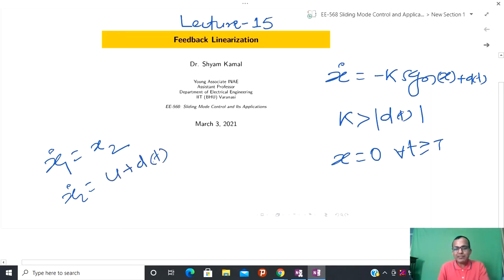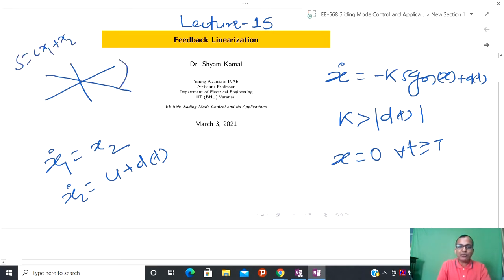So you might have seen that whenever I talk about first order sliding mode control, I design a sliding surface, and for the second order system the surface design is a little bit simple, that is nothing but s equal to cx1 plus x2. In finite time we converge there, and after that using the same kind of function, k signum, in place of x I just replace s, because here s belongs to R, and due to that we are able to do this.